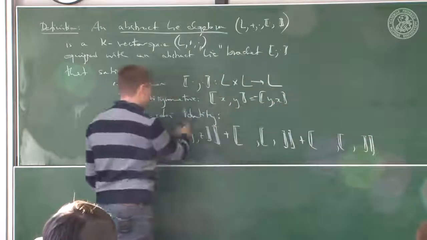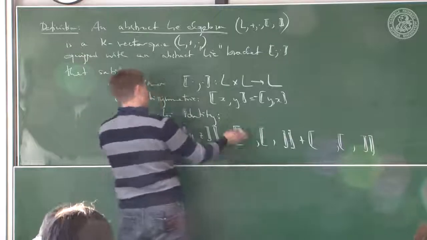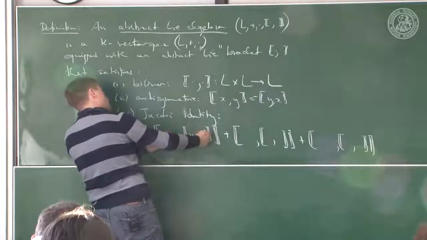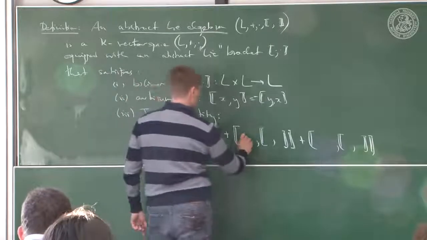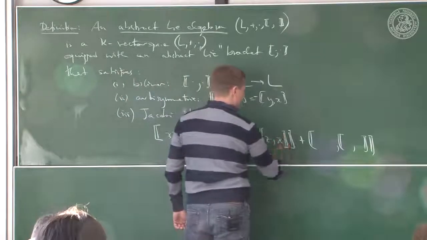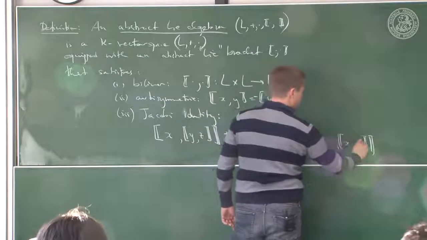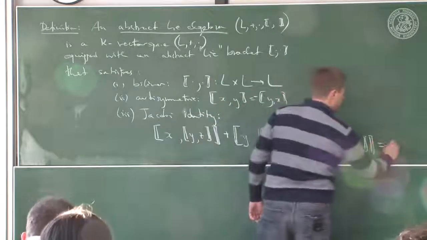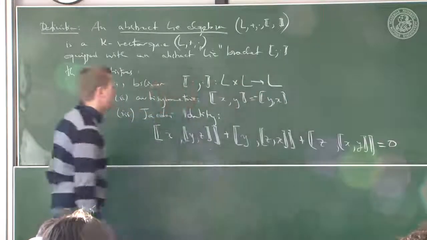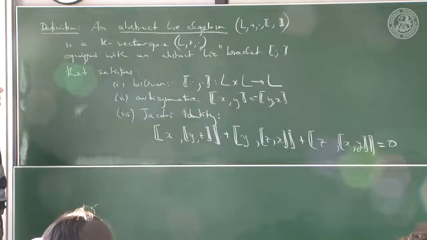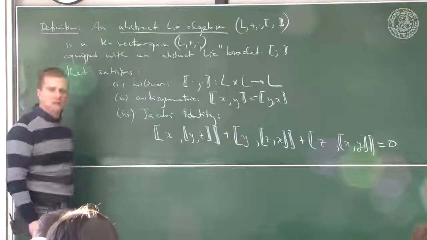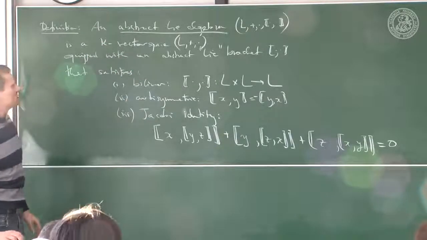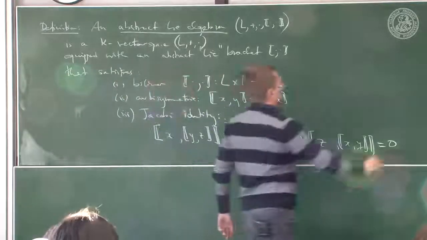Okay, but now you cyclically permute, so you push everything x, y, z to the left, and what falls off on the left comes in from the right. So this is y, z, x, and z, x, y, and the result of taking the sum is 0, and that's the so-called Jacobi identity. And any such structure, K vector space with such a Lie bracket, is called an abstract Lie algebra.